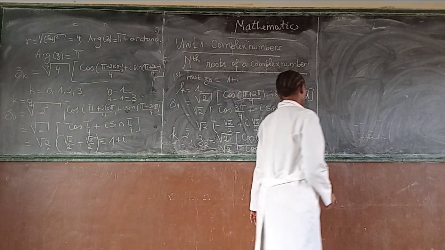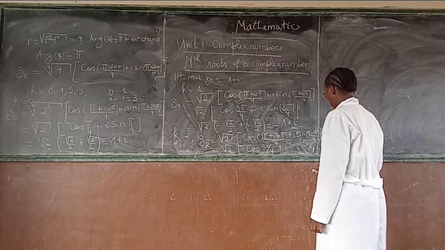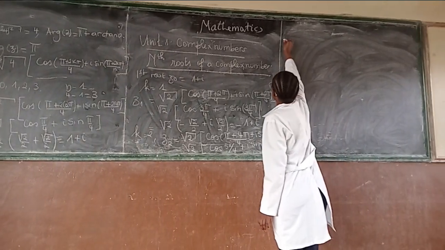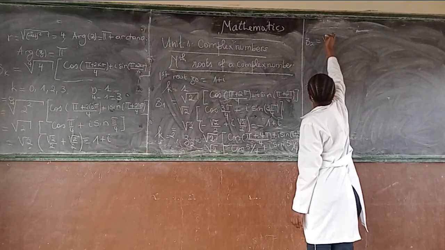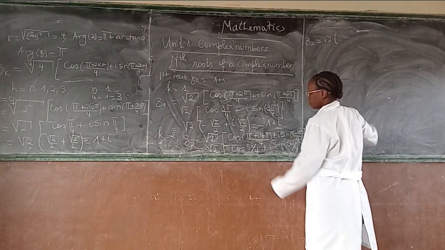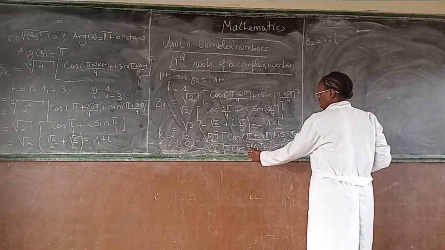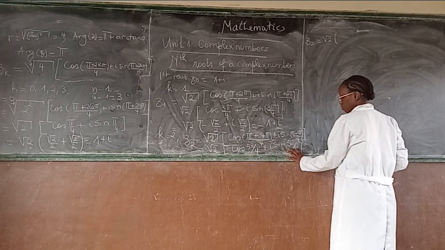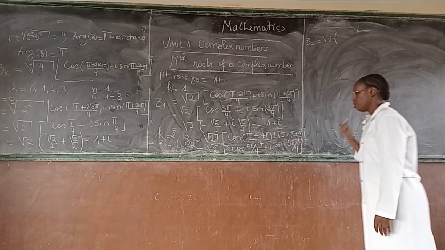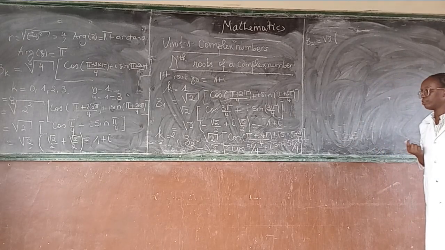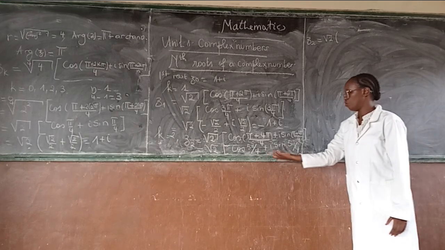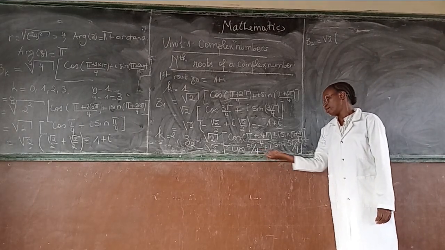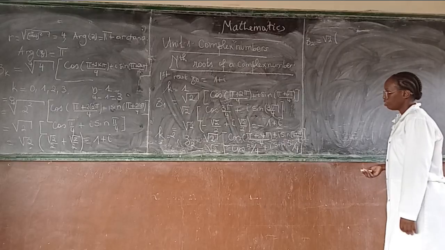So for this angle, we can get the exact value. So z2 will be equal to what? We still have square root of 2 cosine of 5 pi over 4 plus i sine 5 pi over 4. This angle is lying in the third quadrant. So in the third quadrant, both cosine and sine will have negative values.